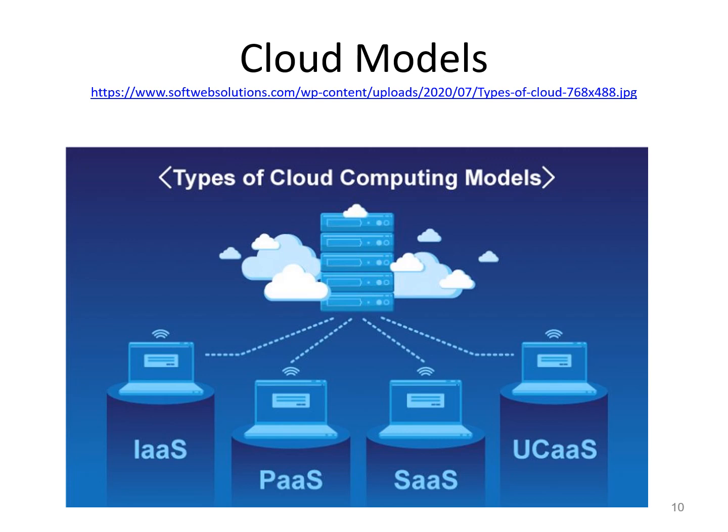SaaS providers include Google's G Suite, Microsoft Office 365, and Salesforce. And UCaaS providers include Zoom Phone, RingCentral, Vonage, and Nextiva.